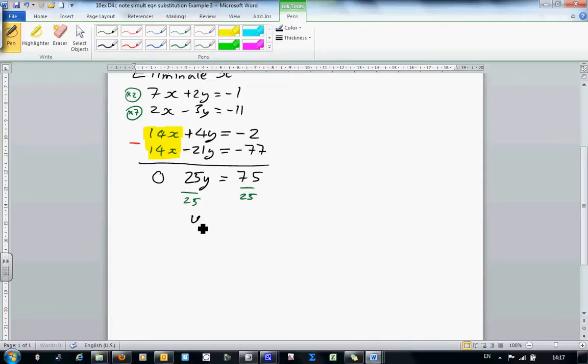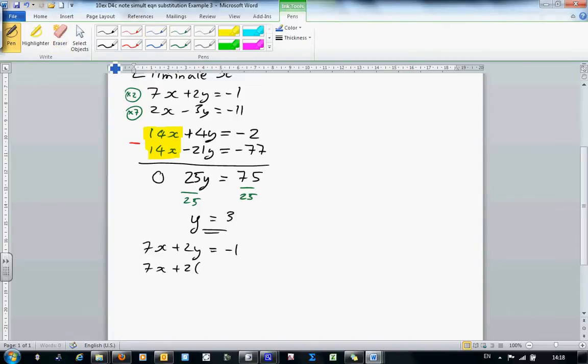Okay, we're done. We now need to pick one of the equations and use the y value and substitute that in. So 7x plus 2 times the y value equals minus 1.